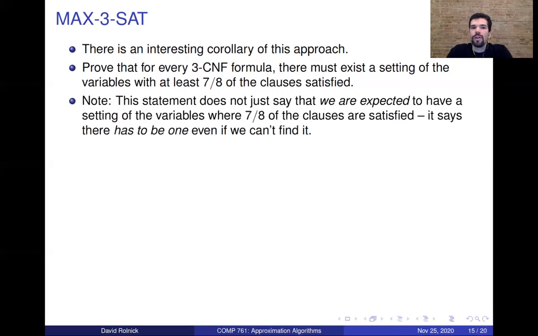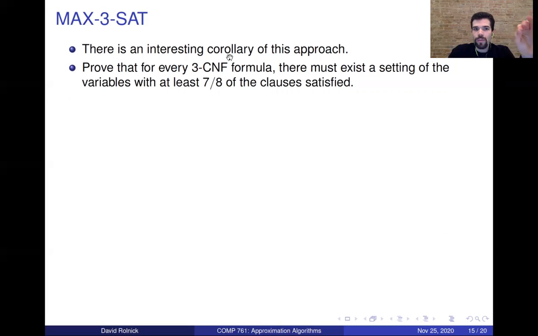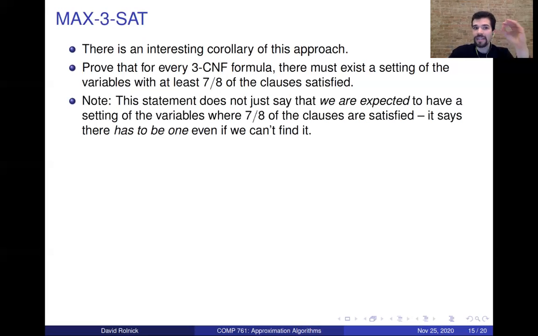What we can show from this is that for every formula, there is a way to satisfy at least 7/8 of the clauses. There's no randomness here. It's not that we are expected to have a setting of the variables where 7/8 of the clauses are satisfied. It's because there must be a setting of the variables where at least 7/8 of the clauses are satisfied. Even if we can't find it, there has to be one.